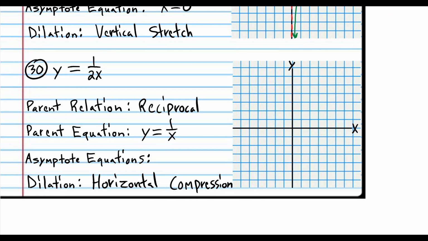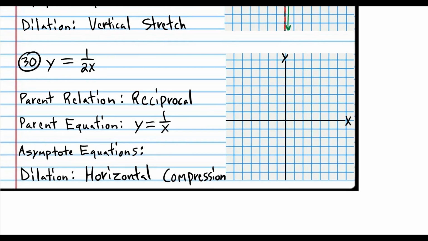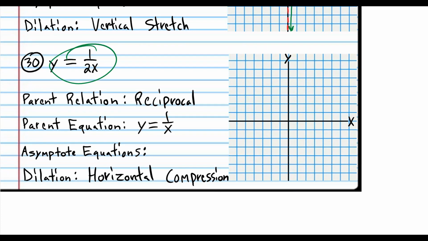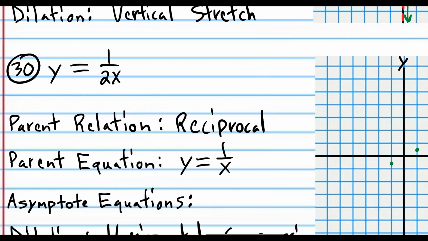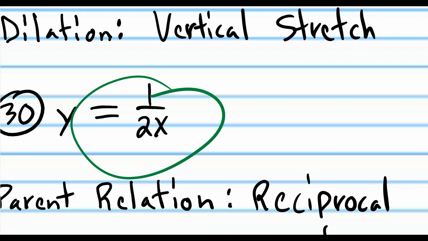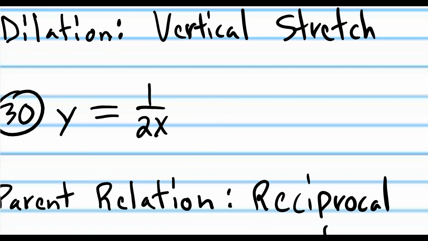And so if we plug in 1 for x, then we get 1/2. So I'm going to mark that point. And if we plug in negative 1 for x, we get negative 1/2. So I'm going to mark that point. And if we plug in 1/2 for x, then we get 1 over 2 times 1/2.